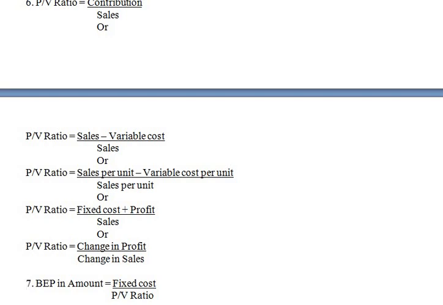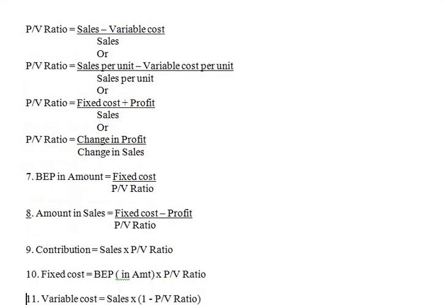Now next, to find out BEP, we will use PV ratio as well. Suppose information related to PV ratio is given; by applying PV ratio, we can also find out BEP, because PV ratio is a key to many problems in decision making.